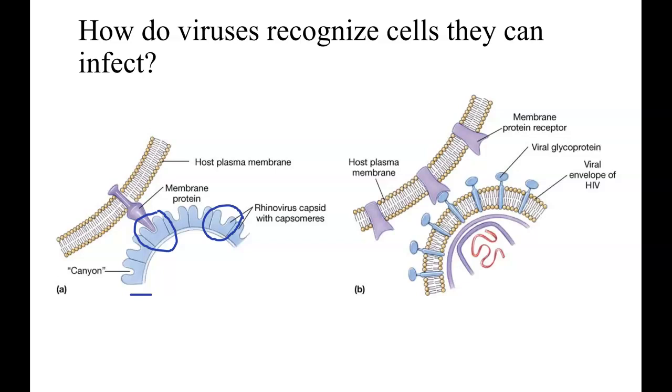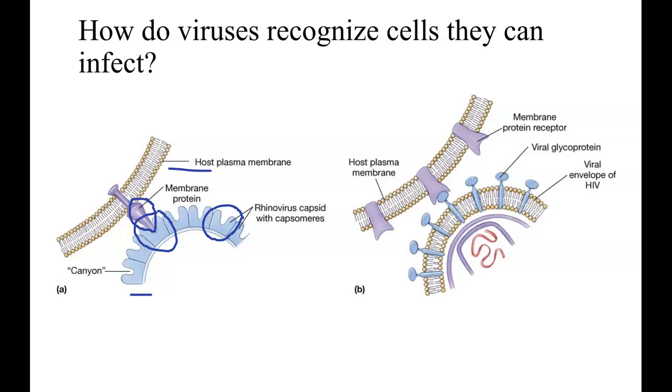What it attaches to, right here, is our host plasma membrane. Imagine this is an entire cell. On that host plasma membrane, there is a receptor protein. That receptor protein has a certain shape that fits in the canyon of that capsomere. That is allowing that virus to lock in and adsorb to the cell.